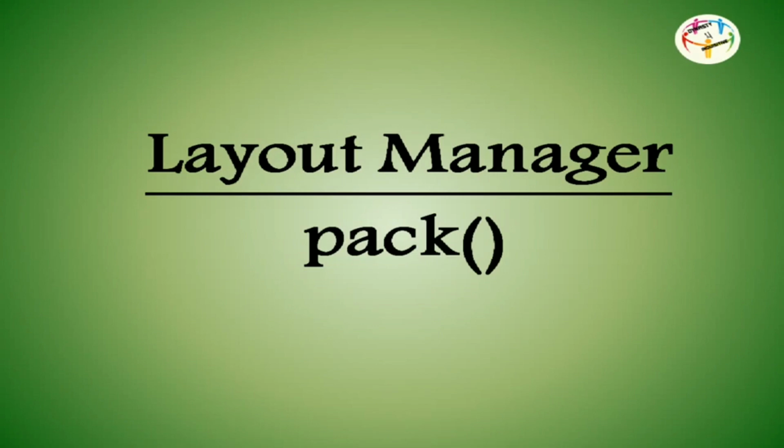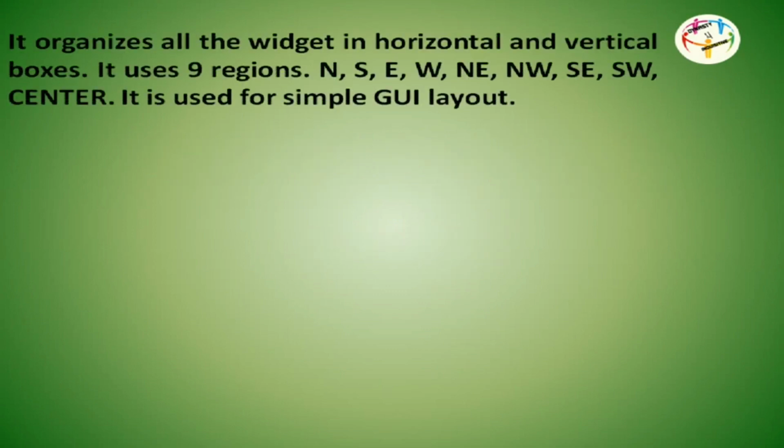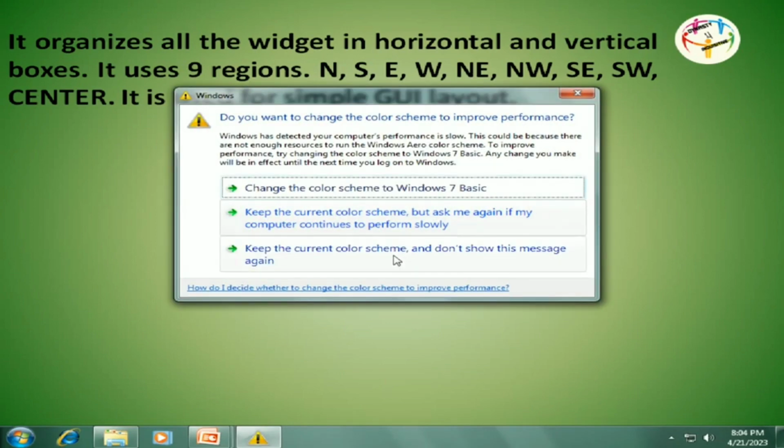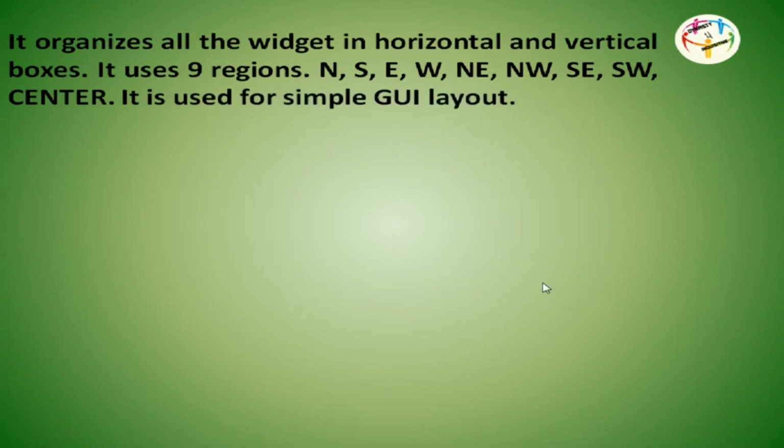Today I will show you how we can use the pack method for layout designing. So the pack method is basically used to organize all the widgets in 9 regions, and these are north, south, east, west, northeast, northwest, southeast, southwest and center region.